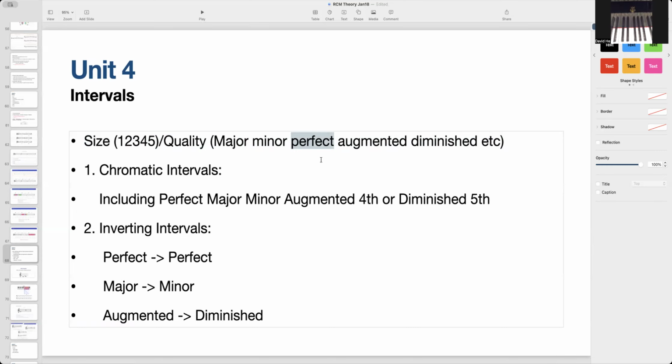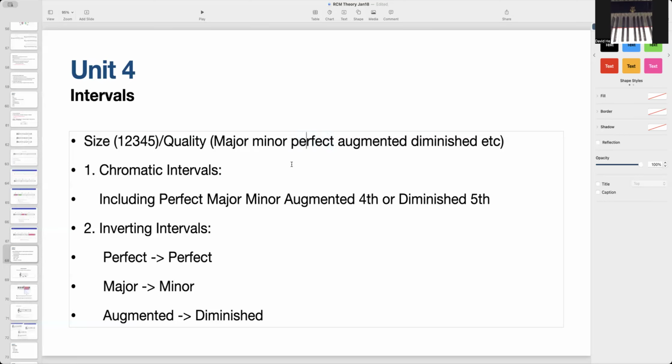And if you play one middle C and one treble C, that is a perfect eighth, or perfect octave. There are still two perfect intervals, which are fourth and fifth. Like C and F, that's a perfect fourth, and C and G is a perfect fifth.